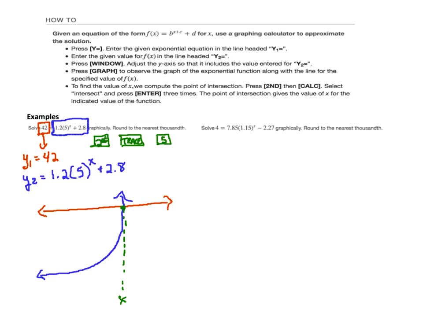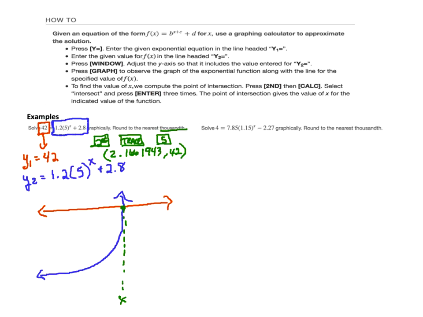Just hit enter. And it'll take you right to the intersection. And I'm getting my intersection point as 2.1661943 and 42.